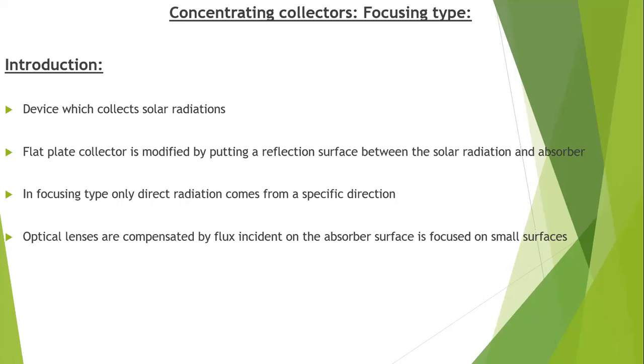Next, optical losses are compensated because the flux incident on the absorber surface is focused on a small area. We are getting optical losses also, but these are compensated by the high intensities of solar radiation on the absorber surface, attaining high temperatures.